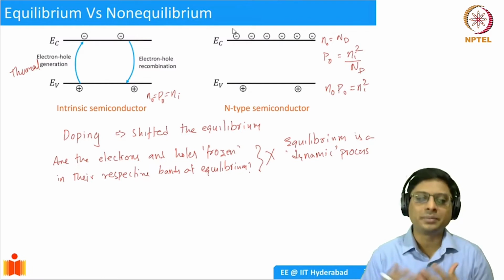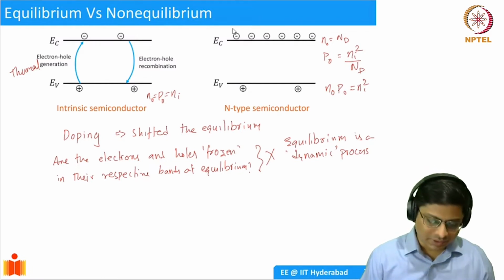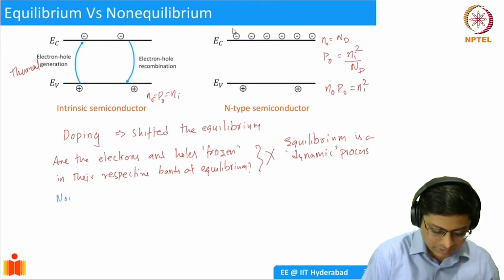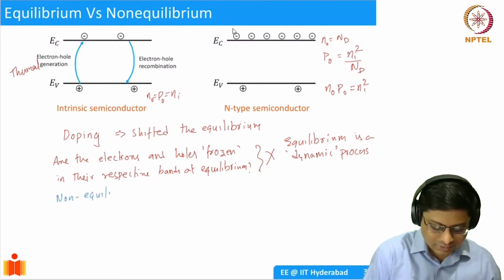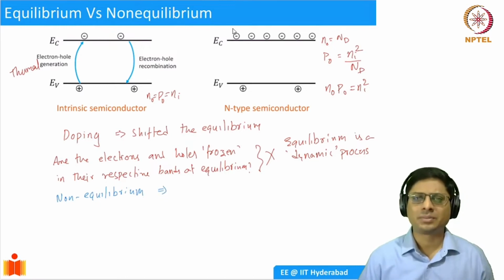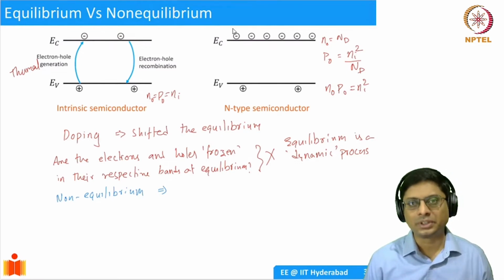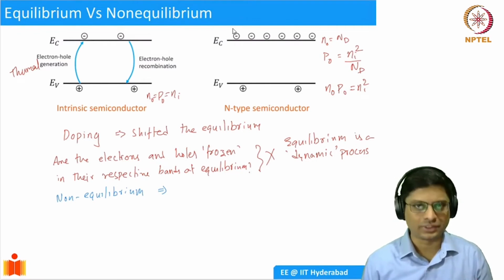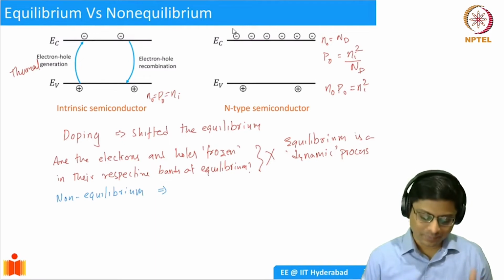So what does non-equilibrium mean? Non-equilibrium means we are disturbing the equilibrium. How can we disturb the equilibrium? We could apply an external stimulus. For example, if I apply an electrical voltage to a particular semiconductor device, and somehow I'm able to introduce additional holes or additional electrons, we'll see that this is possible. This becomes a non-equilibrium situation.